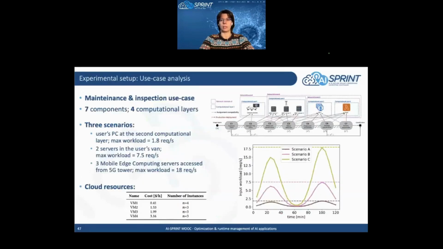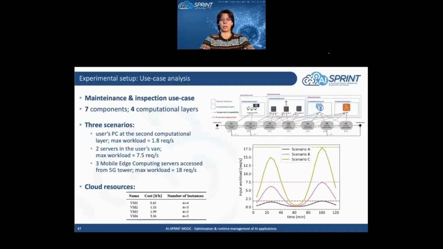In the following slides, I will present the results of the SPACE4AI-R validation in 3 different cases. First of all, we ran a use case analysis considering the maintenance and inspection use case mentioned at the beginning, including 7 components and candidate resources from 4 different computational layers. We designed 3 scenarios considering 3 different maximum workload values and therefore 3 different resources selected at design time at the second edge layer.